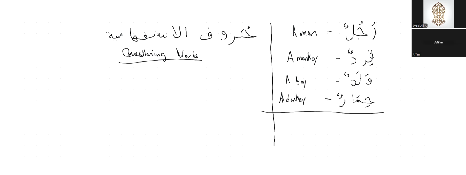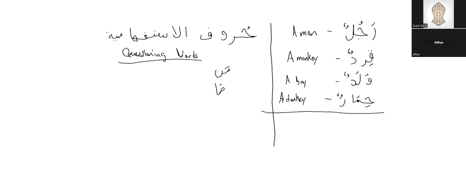If we wanted to make it a question, we would have two words. Three words actually, right? So it would look like this. Meem, noon, fatha, man, and meem, alif, fatha, ma.